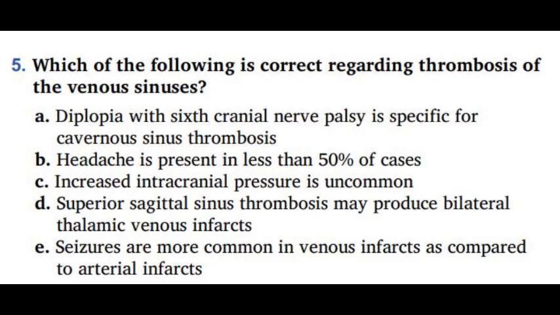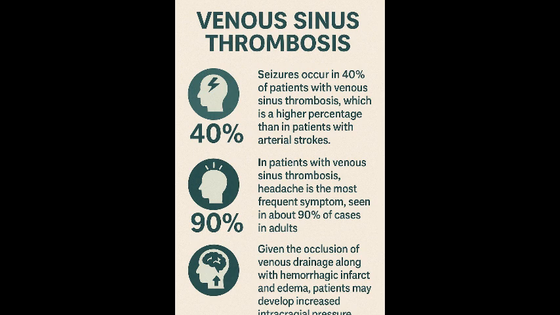Now, this is so true, and let's talk a little bit about it. Seizures occur in about 40% of patients with venous sinus thrombosis, which is a higher percentage than even patients who have an arterial stroke. In patients with venous thrombosis, headache, like we said, is the most frequent symptom and is seen in about 90% of cases in adults.